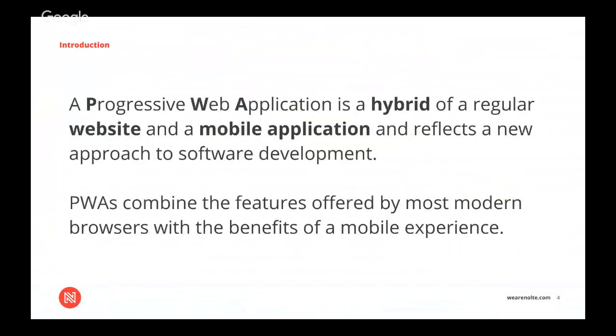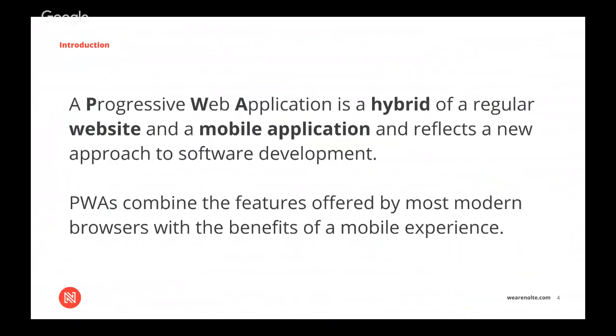A progressive web application is a hybrid of a regular website and a mobile application and reflects a new approach to software development. PWAs combine the features offered by most modern browsers with the benefits of a mobile experience.